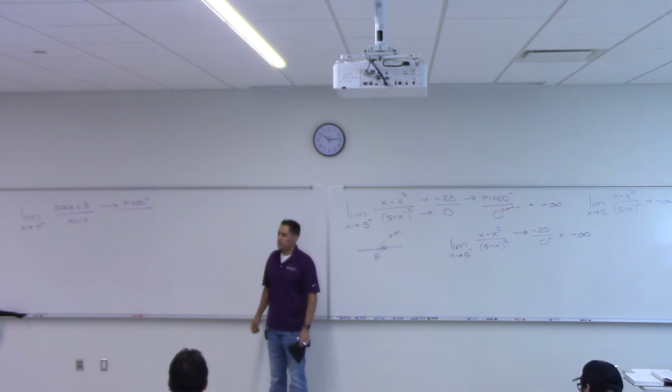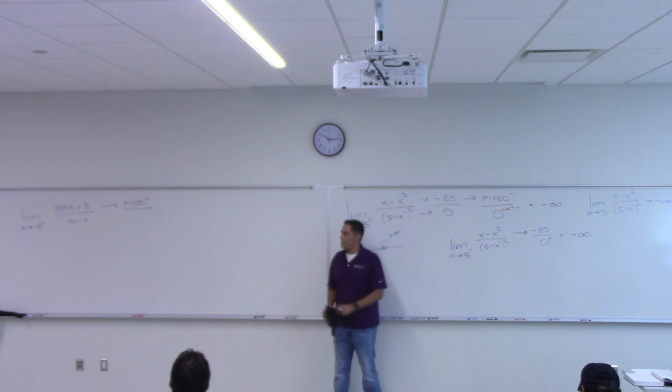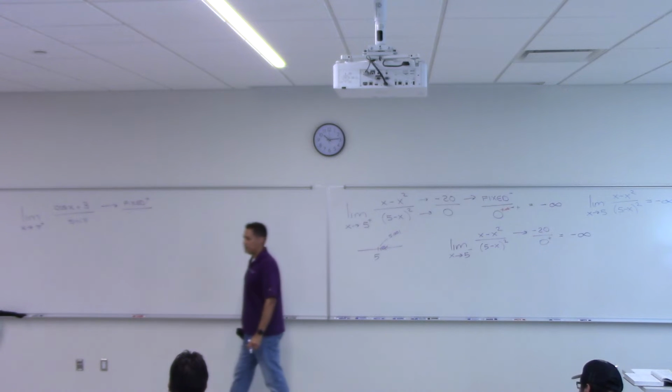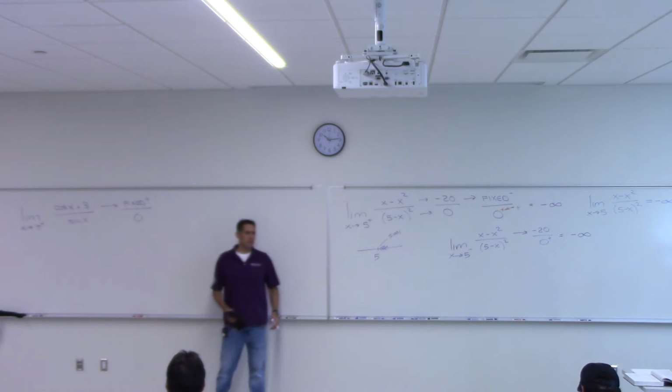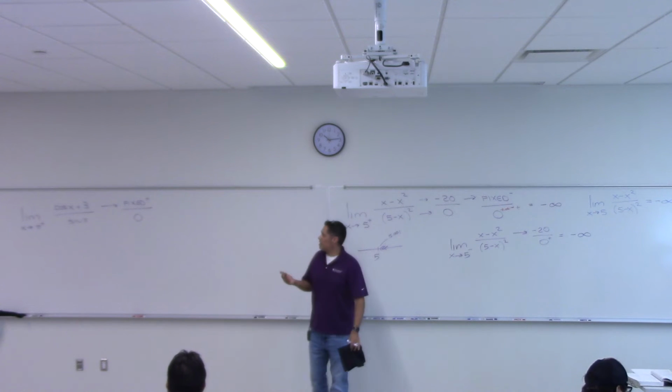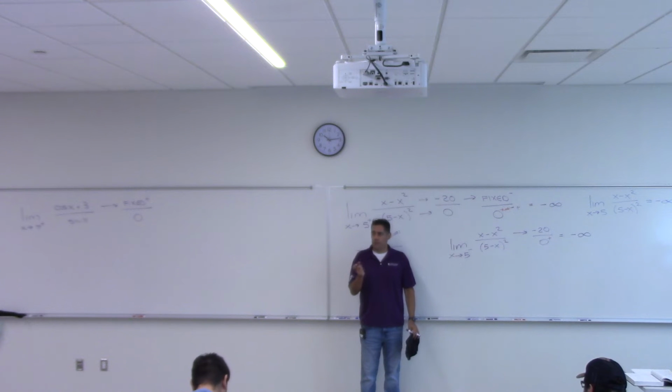You sure? What about sine? What's sine of pi? 0. Sine of pi is 0. So now what you need to figure out is whether or not you're approaching 0 from positives or negatives. So how are you going to do this?